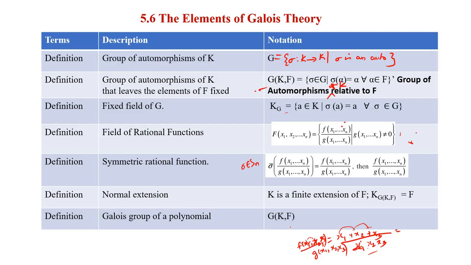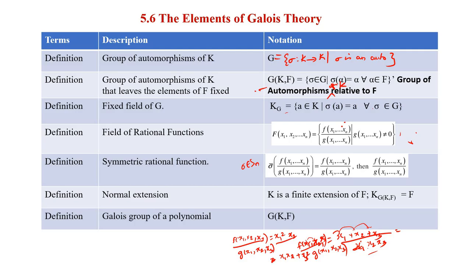You may think that for all it will be like that. No, it is not so. See, if you consider, for example, f of x1, x2, x3 as x1 square x2, and g of x1, x2, x3 as x1, x2 plus x3 square, so this divided by this.